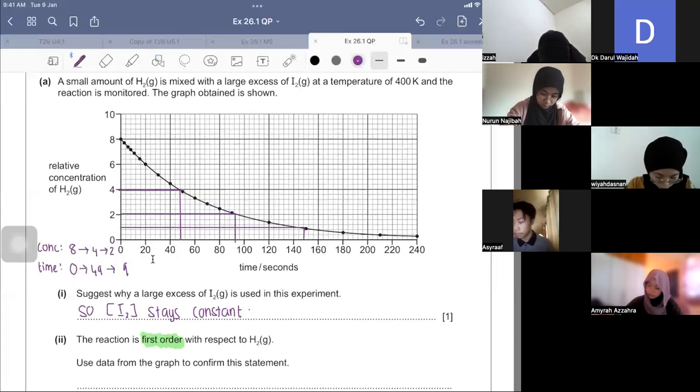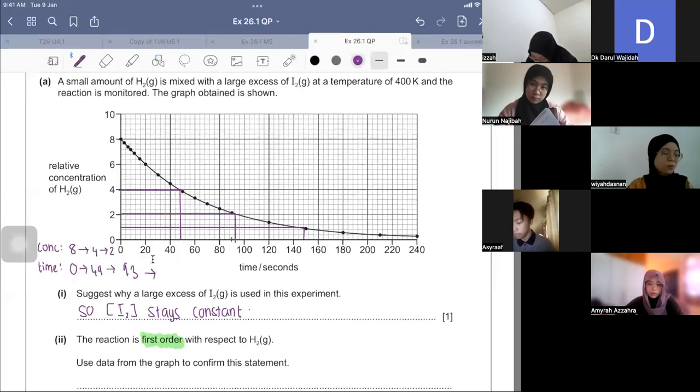This is 90, so that looks like 93, and then 149.